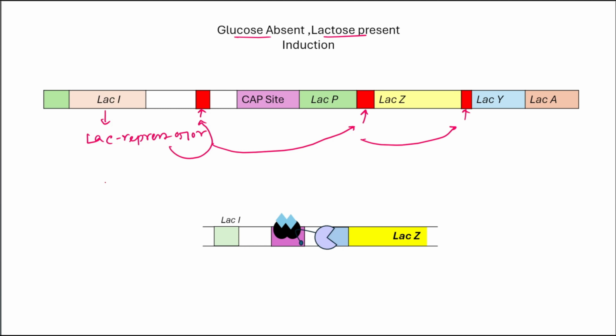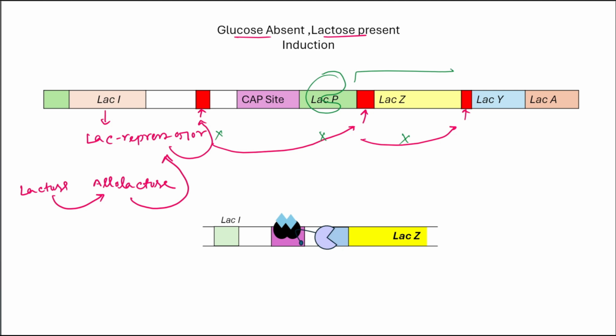That means allolactose is present. So lactose is converted into allolactose. So this allolactose binds to the lac repressor. So then the lac repressor cannot bind in the operator site. So the lac promoter site is free. Then the RNA polymerase can bind in the lac promoter site and transcription is on.